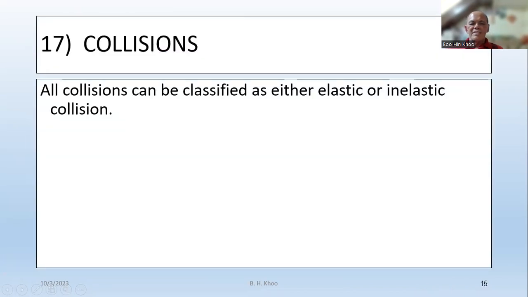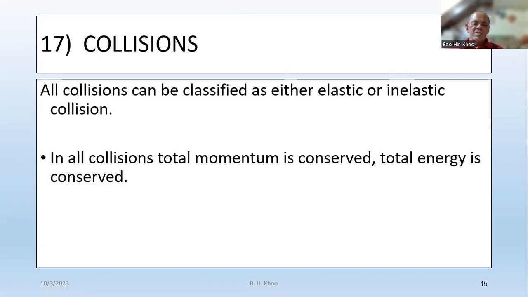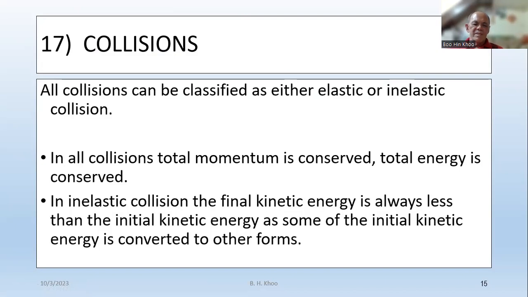All collisions can be classified as either elastic or inelastic collision. In all collisions, total momentum is conserved. Total energy is conserved. Both total momentum and total energy are conserved. In inelastic collision, the final kinetic energy is always less than the initial kinetic energy, because some of the initial kinetic energy is lost as heat or sound during the collision, and some of it is converted to other forms.